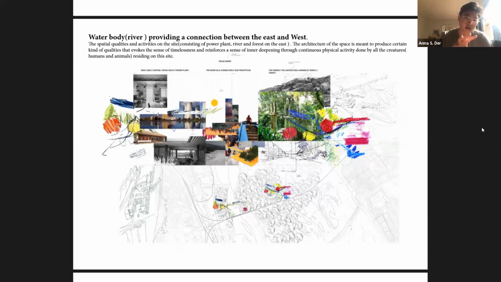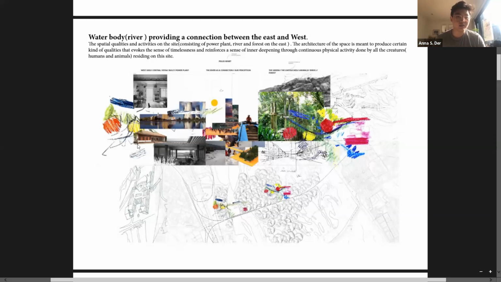The collage represents going from the west side, crossing the river in the middle, and transferring to the east side. On the west side, we start at an existing building that's no longer in use, the power plant. We took the architecture of the power plant and said, let's take this existing building and turn it into half of the ashram. And let's make people cross the river and reach the other half of the ashram, which is located on the east side in the national forest.